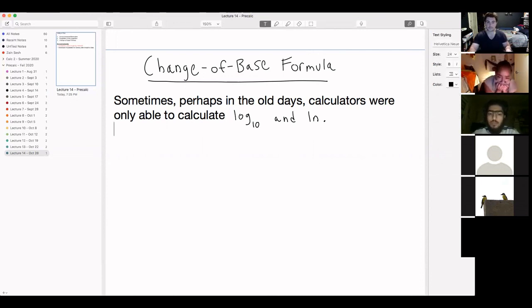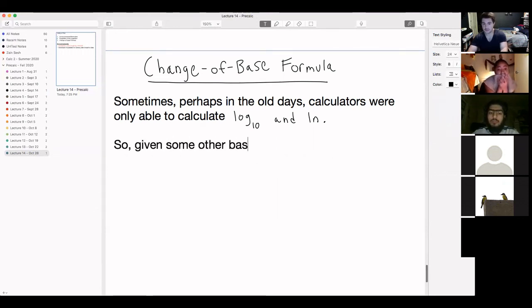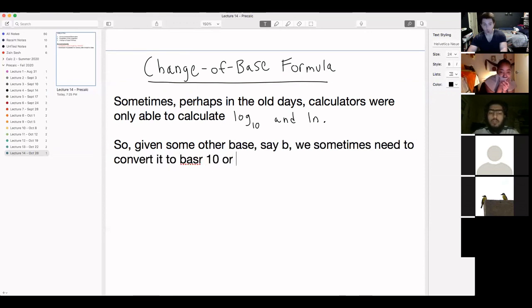Given some other base, say b, we sometimes need to convert it to base 10 or base e. That's pretty much the motivation.